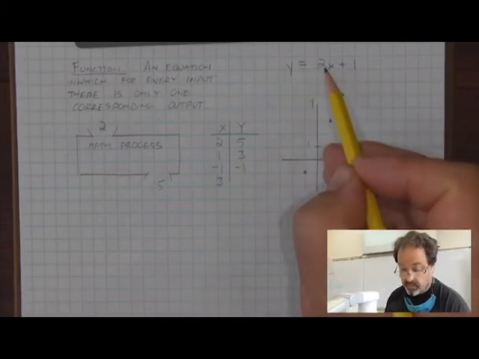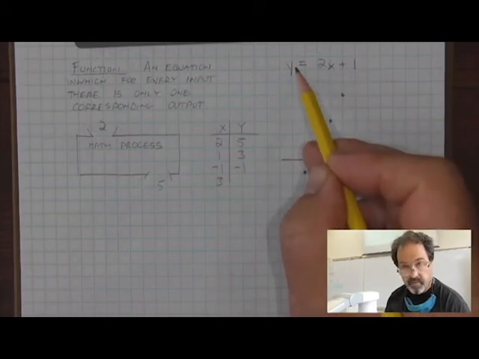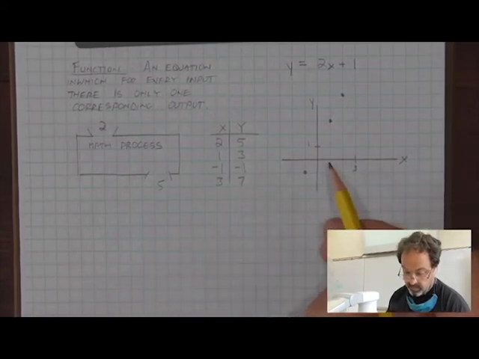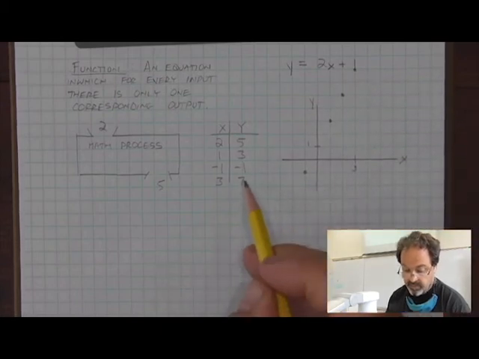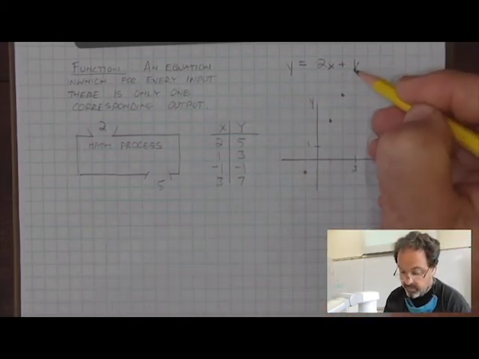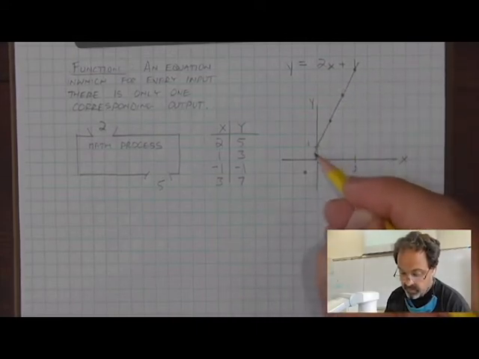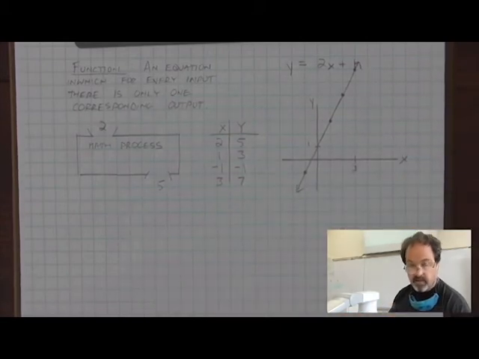If I do that, I get 2 times 3 is 6, add 1 makes a y value of 7. I could put that in the table. I could plot this. And if I kept doing this and I had many more points, I could graph them all and complete the graph, which in this case is a line.